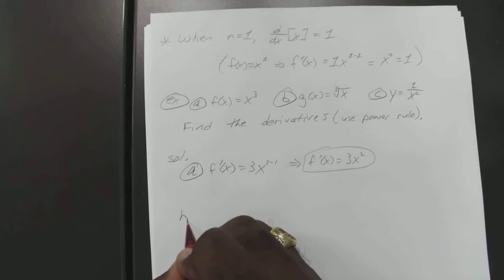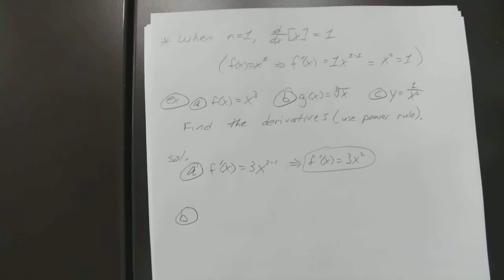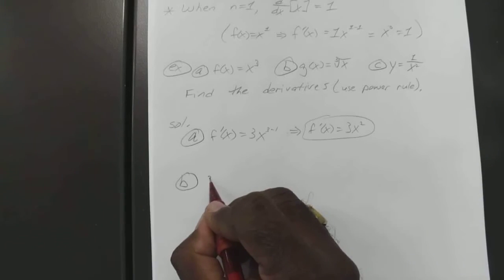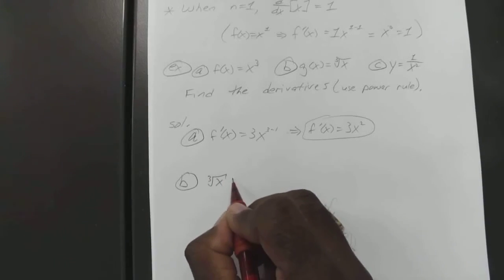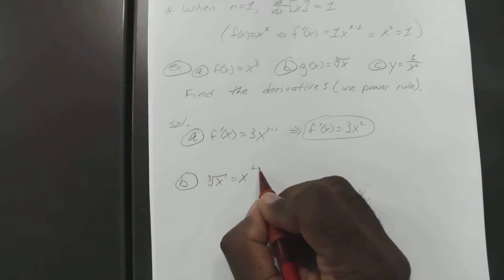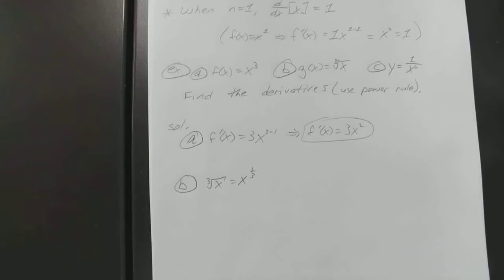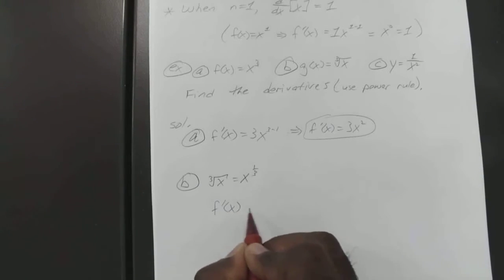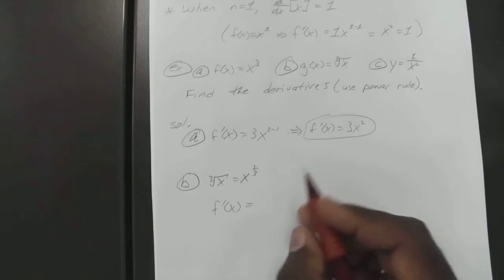Now for B, sometimes you have to rewrite them. We know that the cube root of x is x to the 1/3 power. Even though you have to rewrite them, the steps are still the same. So g prime of x, you're going to bring that down to the front.